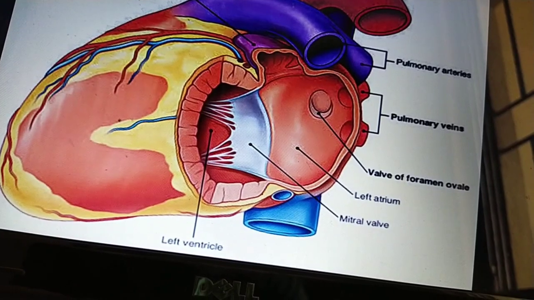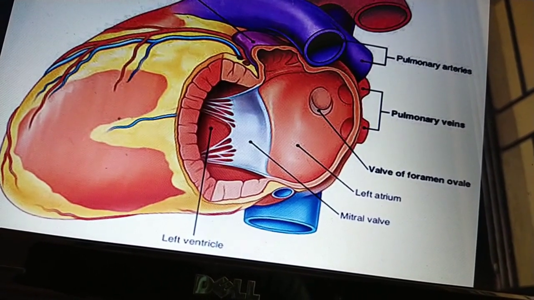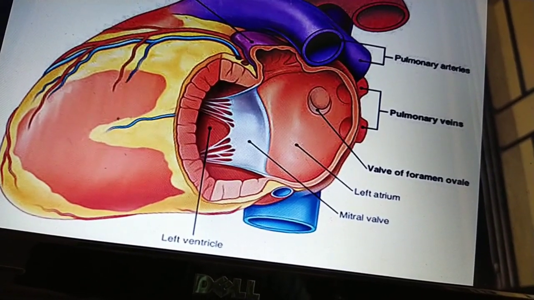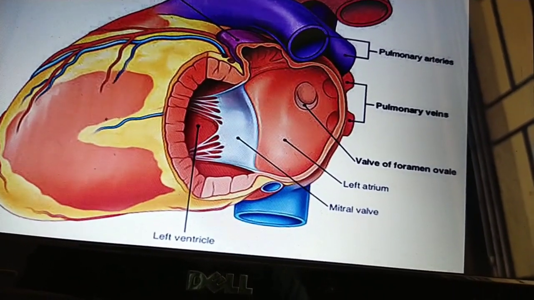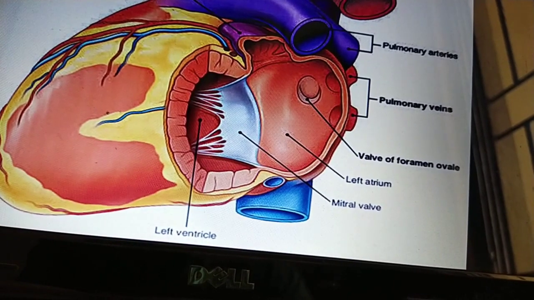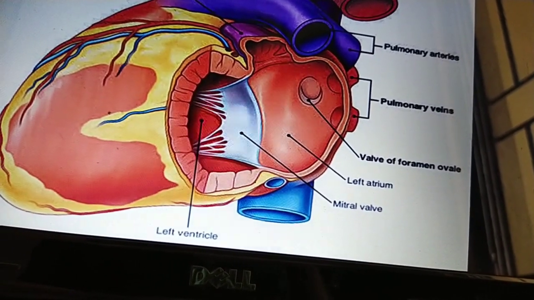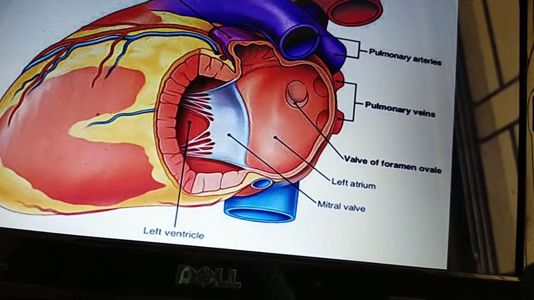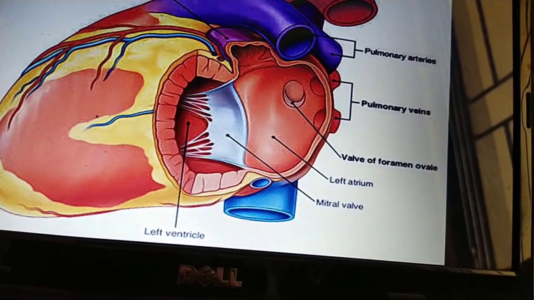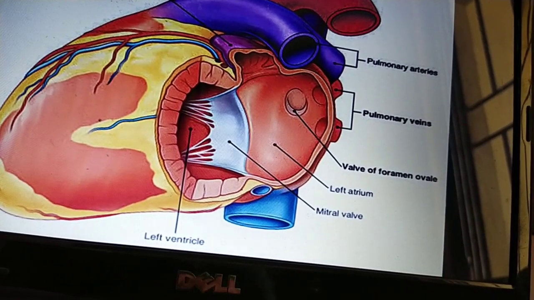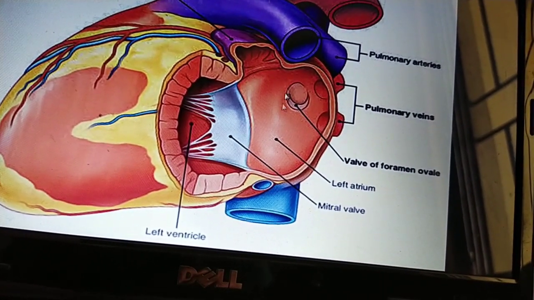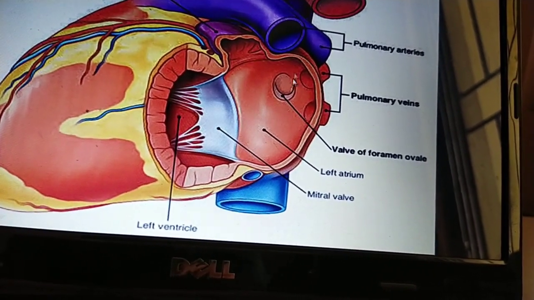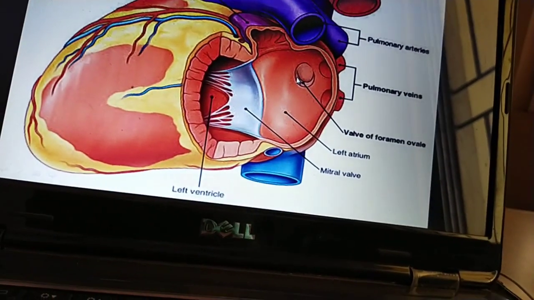It is actually the remains of the foramen ovale that is formed in the fetal circulation. This fossa lunata is the area where most thrombosis of the blood occurs, and this site is very prone to the formation of thrombus in the left atrium.